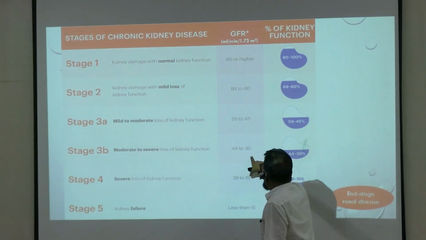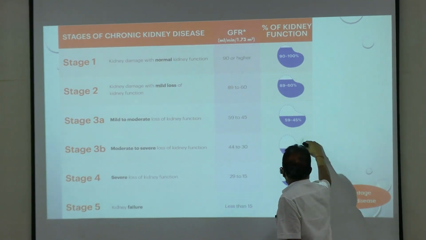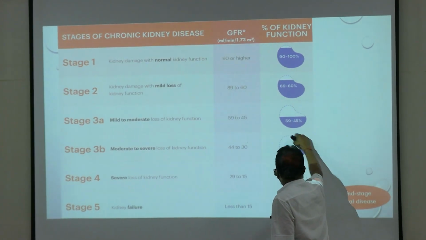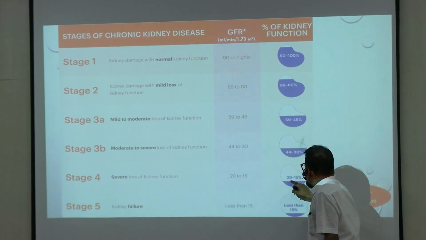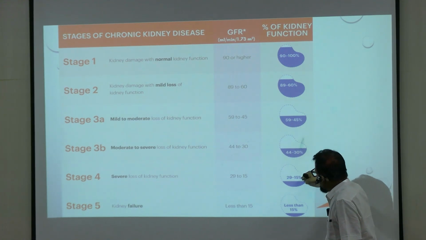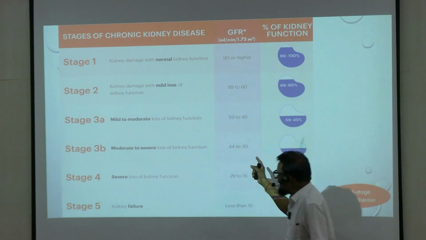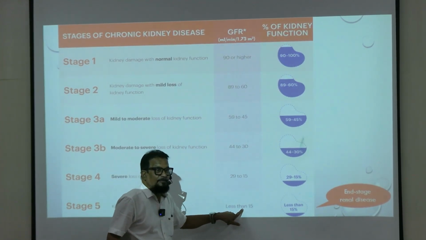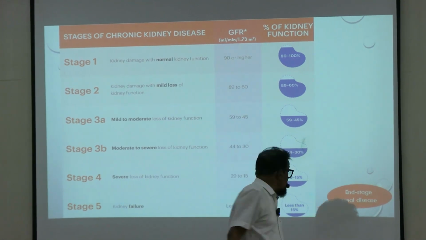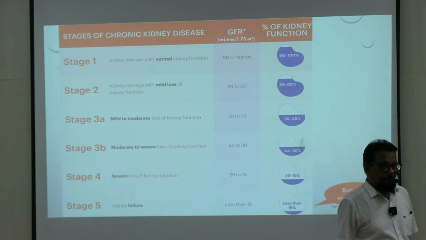In this stage, 44 to 30% is the GFR. It indicates that this percent of kidney is not working. And here, what happens? See, gradually this function is non-functional. Only this much is functional. And when the estimated GFR is less than 15, this is called stage 5 or kidney failure.